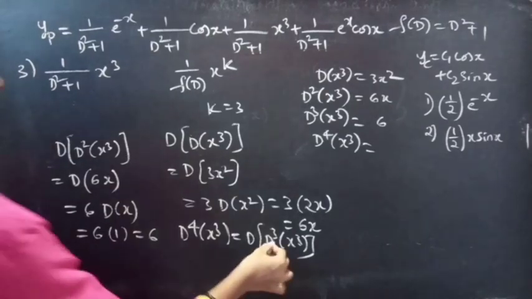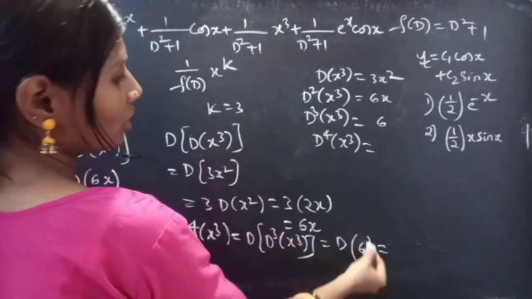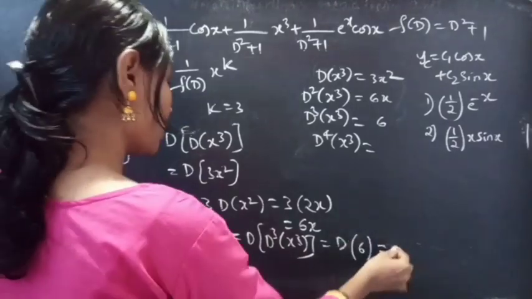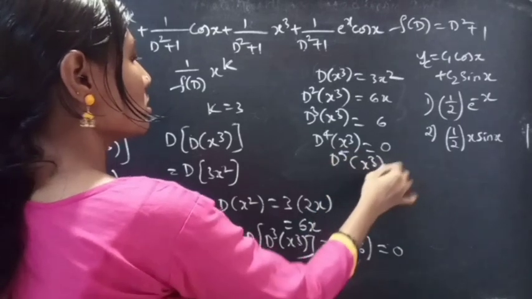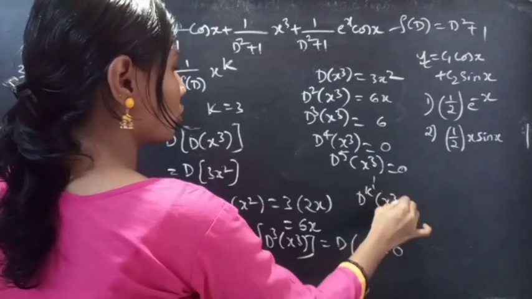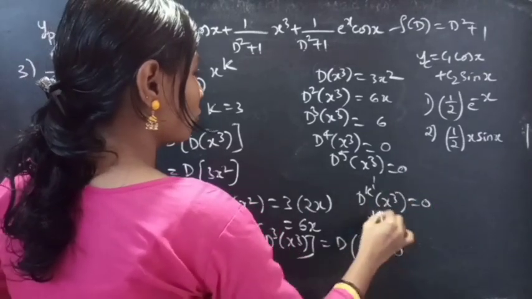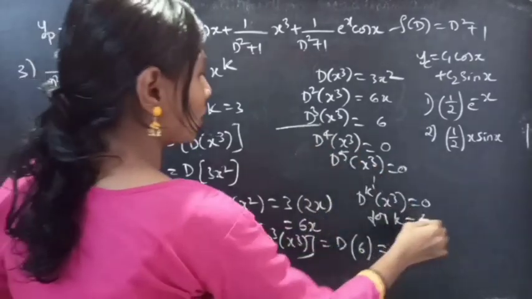We know D cube of x cube is 6, and the derivative of a constant with respect to x is 0. So from here we'll get all further derivatives of x cube as 0. In general, D power k of x cube equals 0 for k equals 4, 5 and so on.